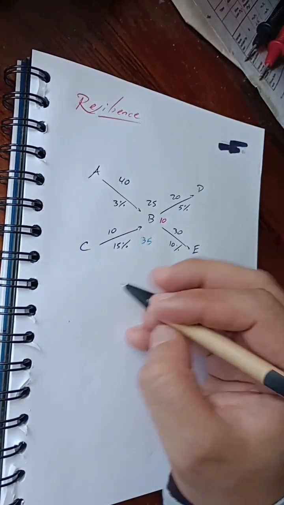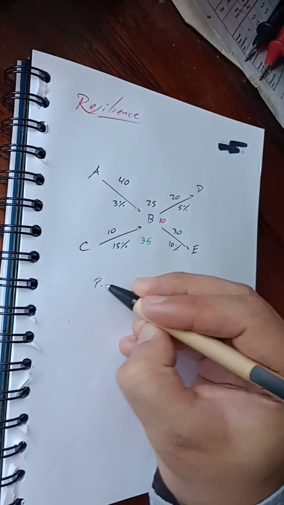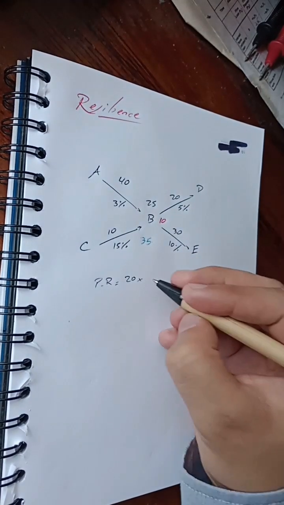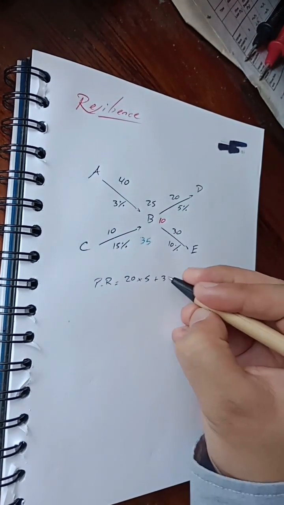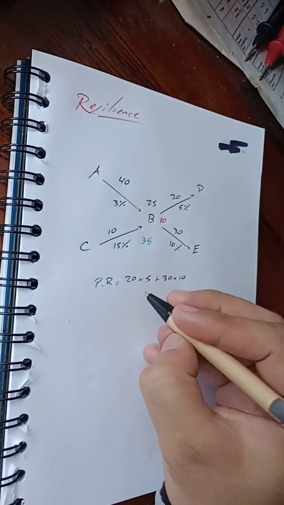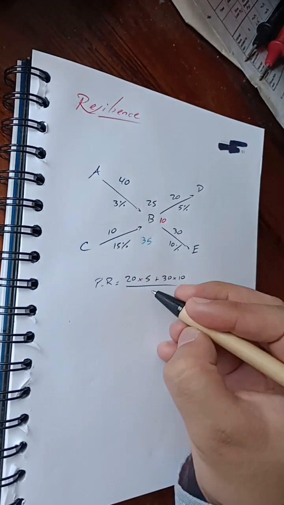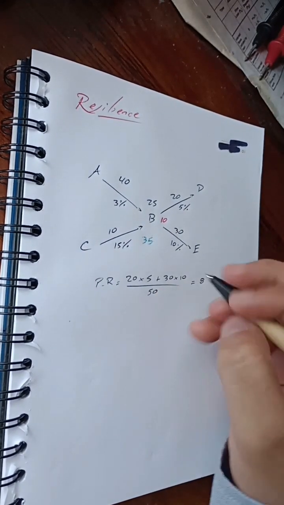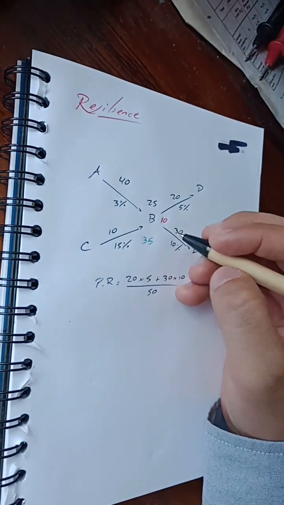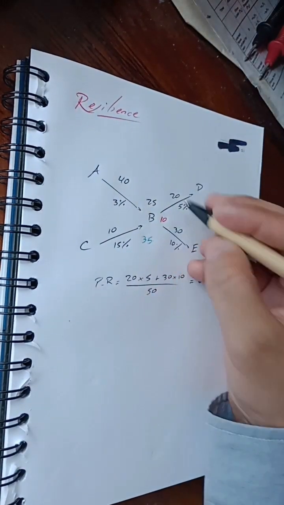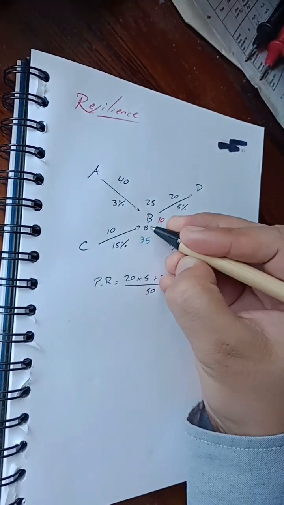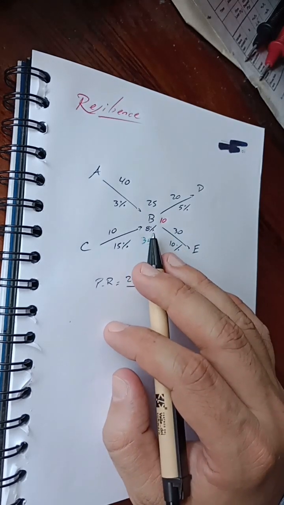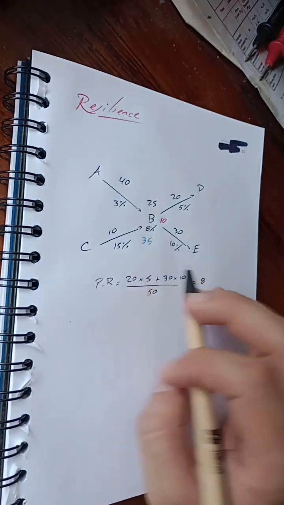In this case, we use this formula, public rate, which equals 20 times 5 plus 30 times 10 over the sum of both transactions, which is 50. This operation gives us 8. So if B would have made only one transaction, its equivalent rate would be 8. So B is going to participate in the distribution with an 8% on the distribution.